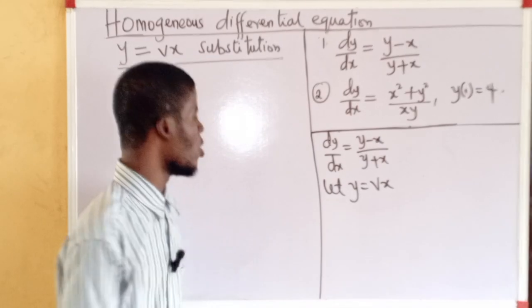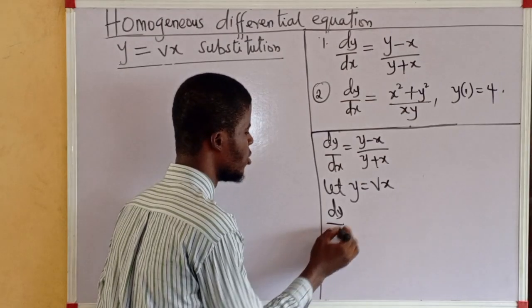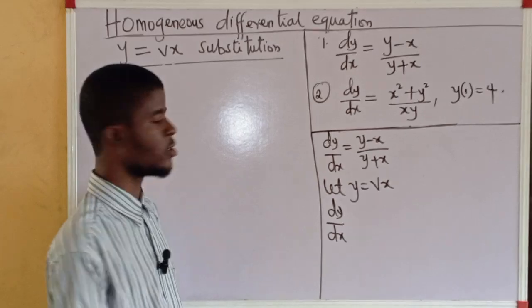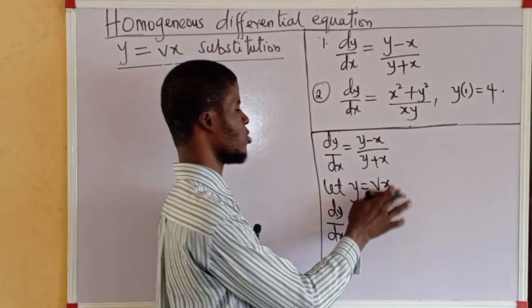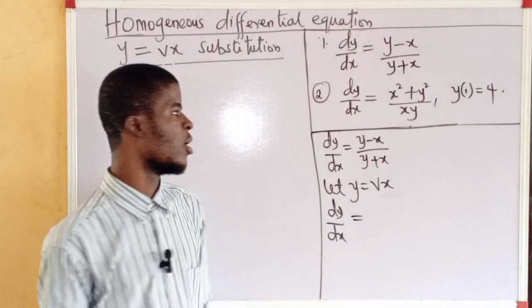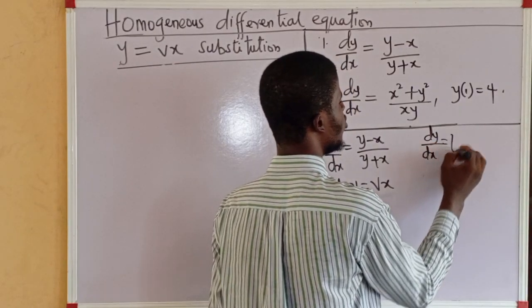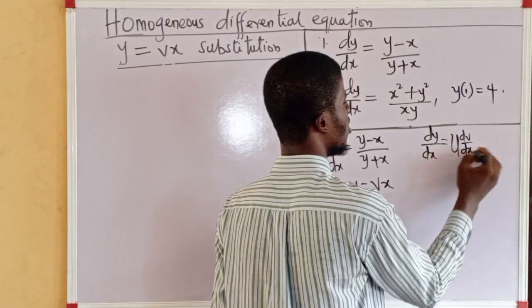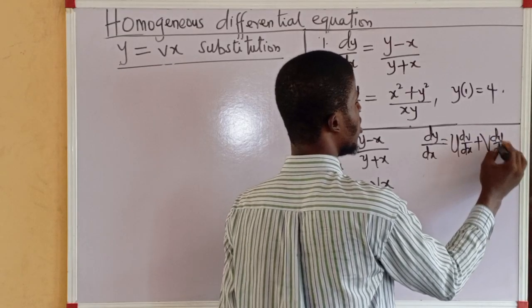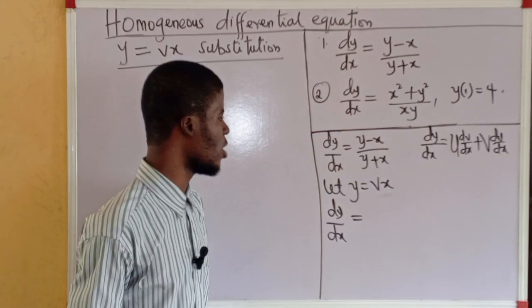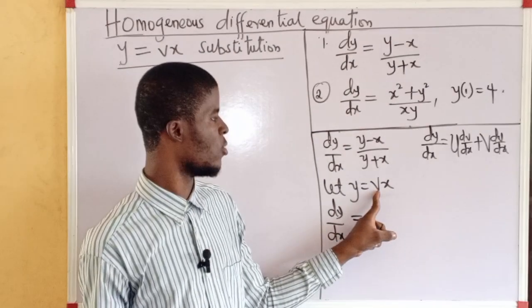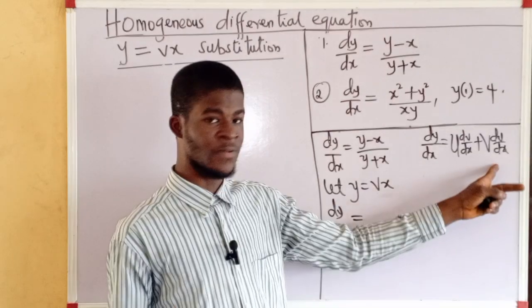Yes. So we will differentiate y with respect to x, dy/dx. This is a product, so we apply the product rule: dy/dx equal to u dv/dx plus v du/dx. Let's take v as u, and let's take x as v.